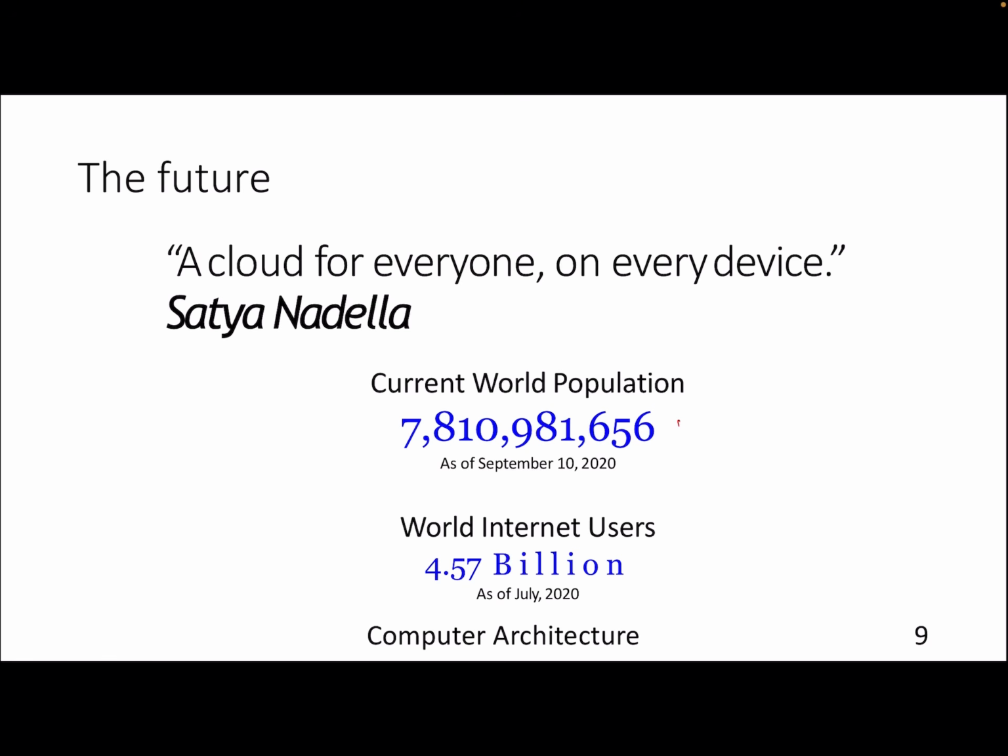This is the world population, and this is the world internet users, right? So there's still a gap. Imagine what happens when the entire world, all the countries, the entire population starts using the internet. What will be the impact on CO2 emissions?